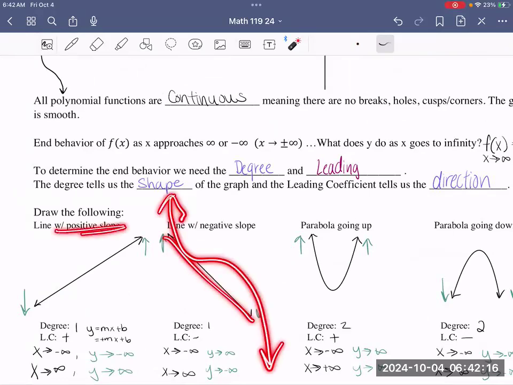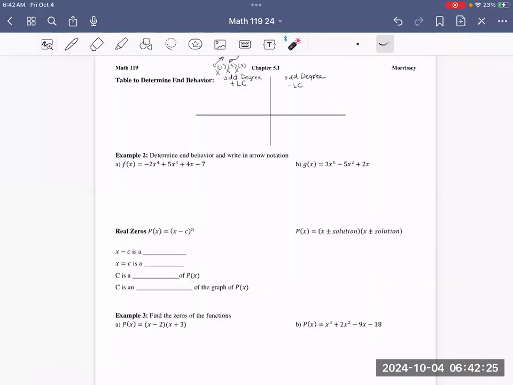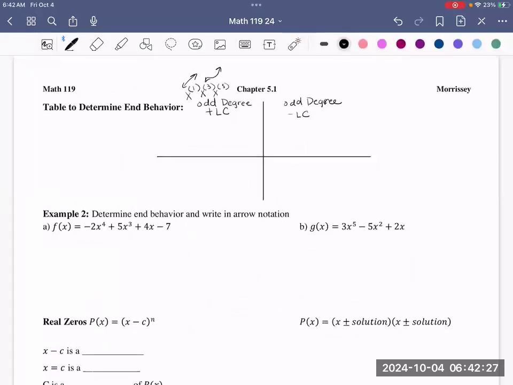With a positive leading coefficient, we're a line that goes up, or an S-shape that goes up. This is where it's handy that you understood and took away from the 3.4 lecture that we don't have to memorize these graphs. We can just memorize the pattern. Odd degree, and now we just pair it with either a positive or a negative leading coefficient.